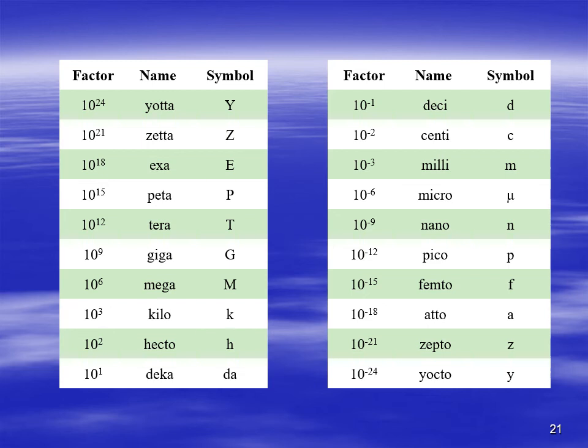I guess an atto-boy is 10 to the minus 18th boys. Most of us typically use units from 10 to the 9th down to 10 to the minus 9th. You've heard of nanometers, micrometers, or microns. So those are ones that we commonly use, but the other ones are pretty far out there.